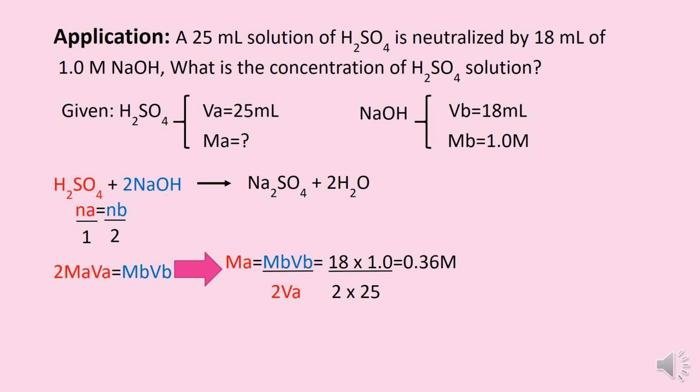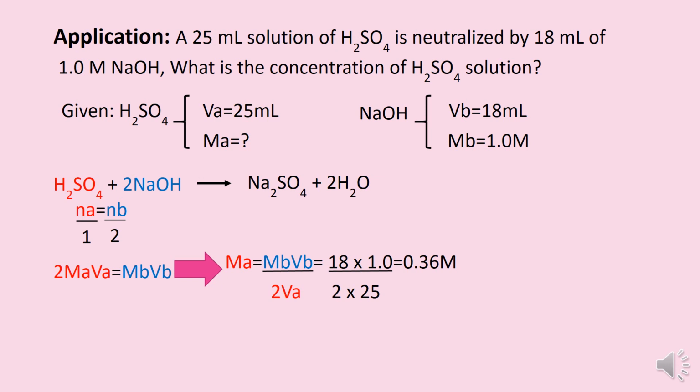If you observe these two well, the acid and the base, what do we call the acid here? It is diprotic acid. What do you call the base here? It is monoprotic base. Now the question is, what is the concentration of H2SO4 solution?